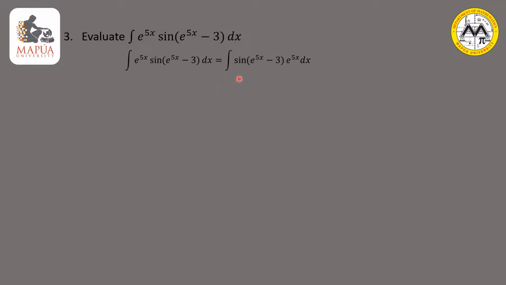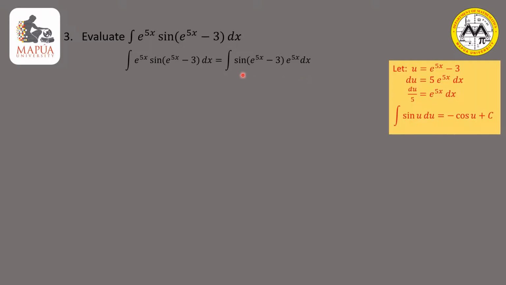We have the integral of sine of e to the 5x minus 3 times e to the 5x dx. In fitting it to the form sine u du, we pick the argument e to the 5x minus 3 as our u function.